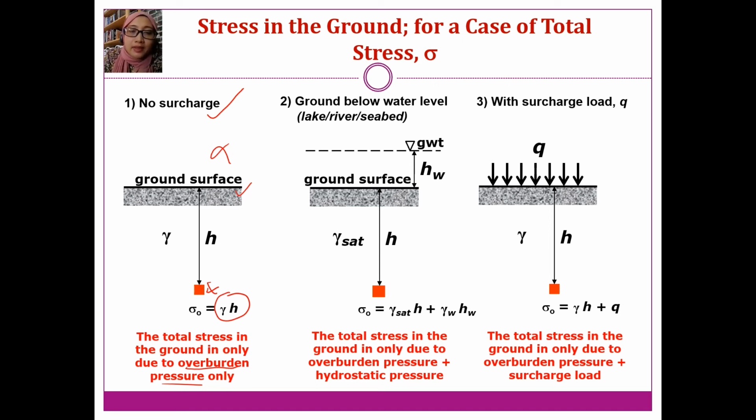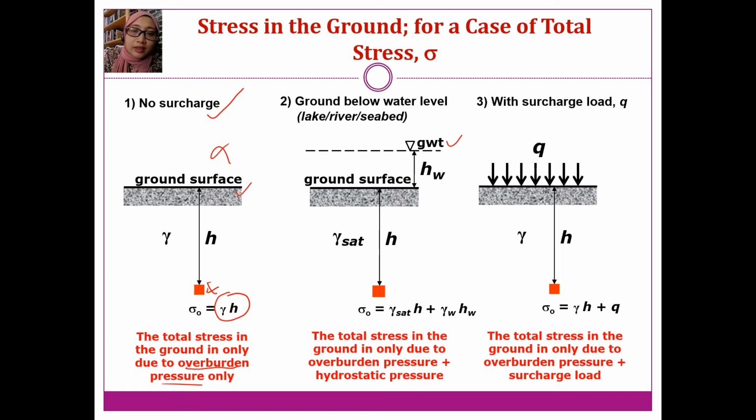And if we have the groundwater table above the ground surface, in this case, it looks like a flooded area. Having the groundwater table here means that the soil below it is in saturated or wet condition, because of the existence of water.